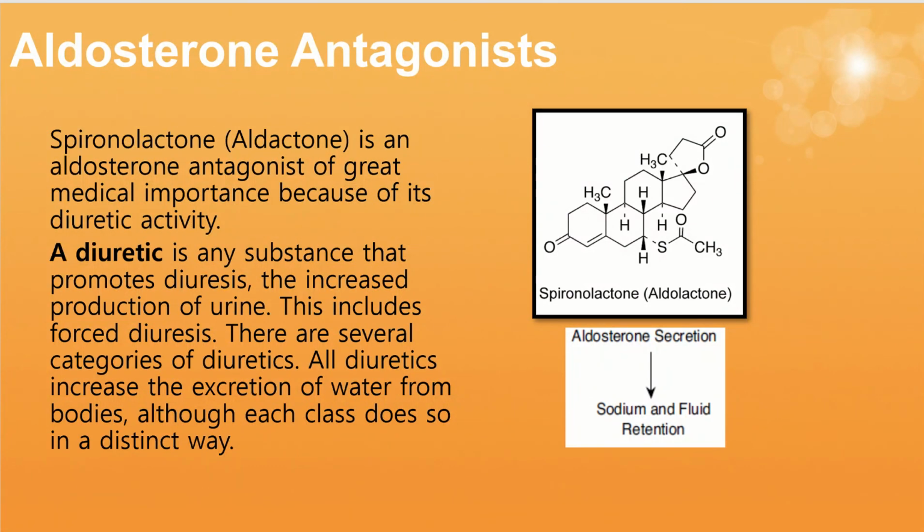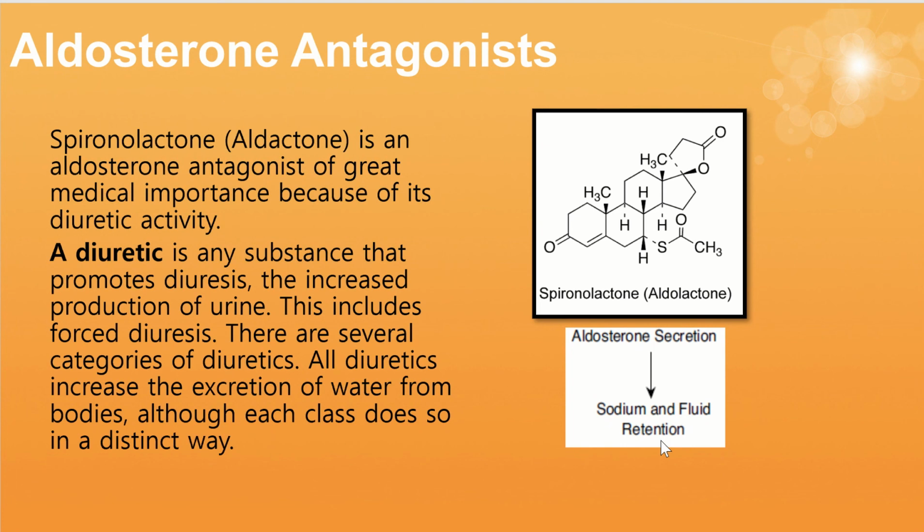This is the same image of the compound that we had on the previous slide. The only addition here is a snippet from our introduction where we saw that aldosterone secretion causes sodium and fluid retention. So clearly, if you antagonize it, it will cause the opposite of that, which is diuresis.